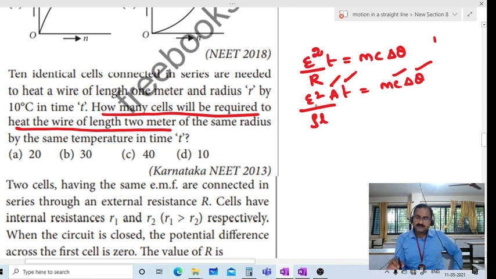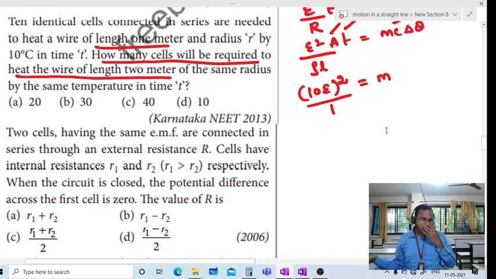So the relation we write in the first case: number of cells means EMF, (10E) whole square divided by, anyhow, rho is the resistivity of the wire, which is also same, and length L, which they gave as 1 meter. So that is the first case. Now how many cells will be required to heat the wire of length 2 meter?